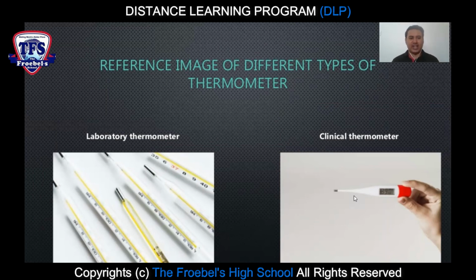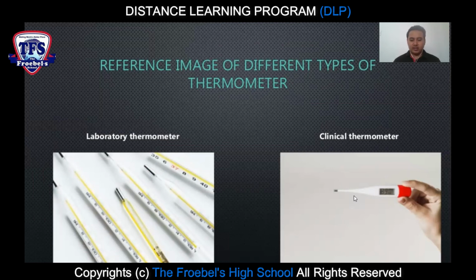Like the range, you can say the scale of the thermometer. So responsiveness, sensitivity, and range. These are the three basic tools through which we can easily determine the construction of a thermometer.